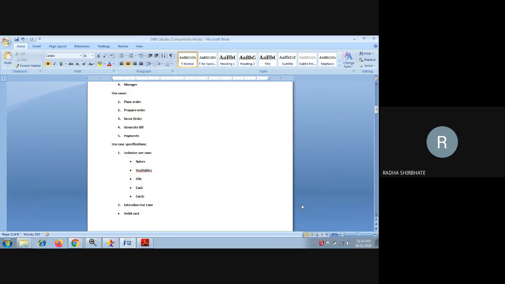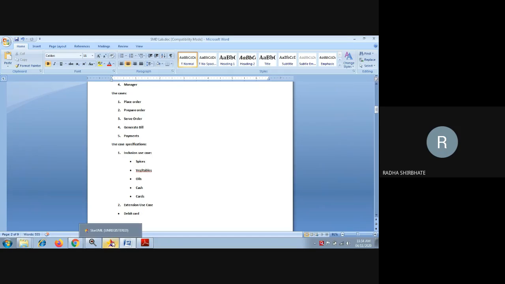Use cases that are part of your previous use cases, or part of another use case, are called inclusion, and extension use cases are given as an extension to the use cases. We will clear this point when we draw these different types of use case diagrams in the StarUML environment.